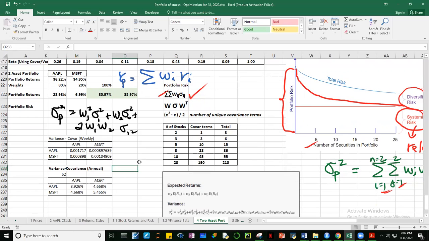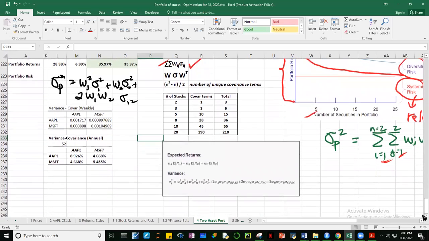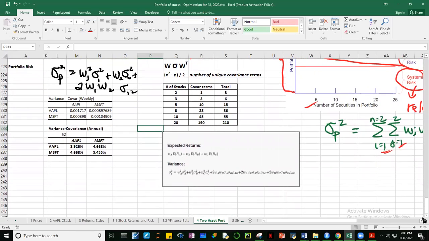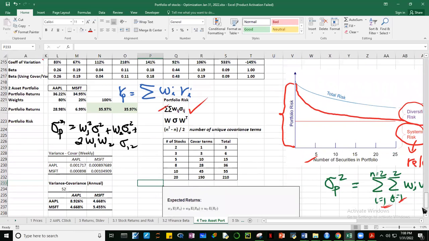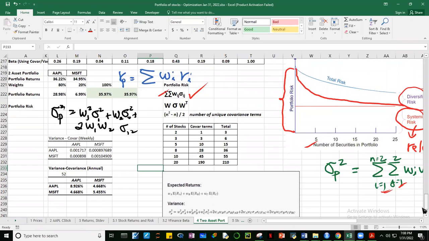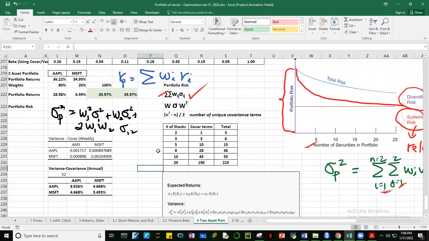Okay, questions guys? Questions so far? Please chat if it's okay so far, if you got this annualized variance-covariance. Okay, thank you, Robert.